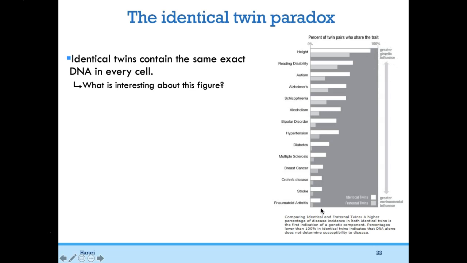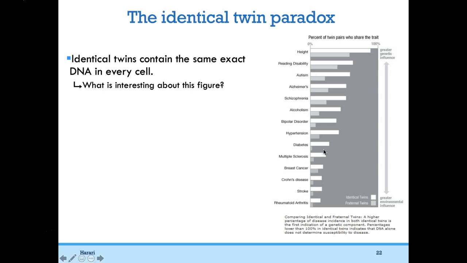But let's take something like rheumatoid arthritis. All identical twins both have the same genes, right? They all have the same genes in every cell. Yet, only about 10% of twin pairs both have rheumatoid arthritis, right? So just because you have a gene for something doesn't mean you're going to express it, right?